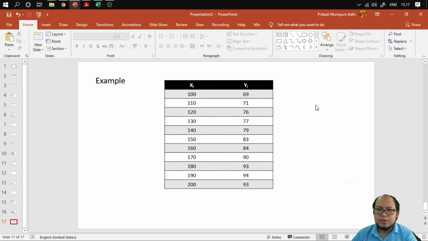So first we need to find the linear regression, and we want to predict the data when x equals 150. What is the value of y? And when x equals 210, what is the value of y?